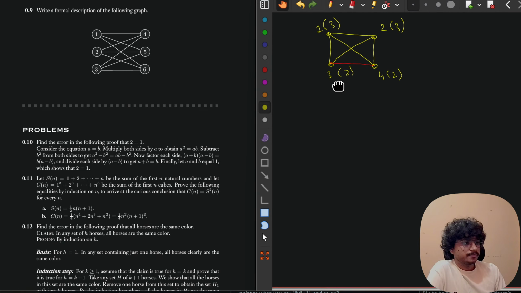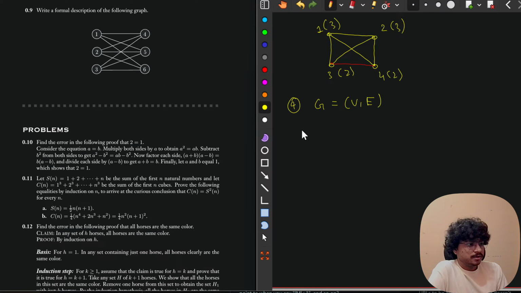Okay. We have a graph G with some vertices and edges, and V is a set of 1, 2, 3, 4, 5, 6, and E is a set of, I see connection between 1 and 4.